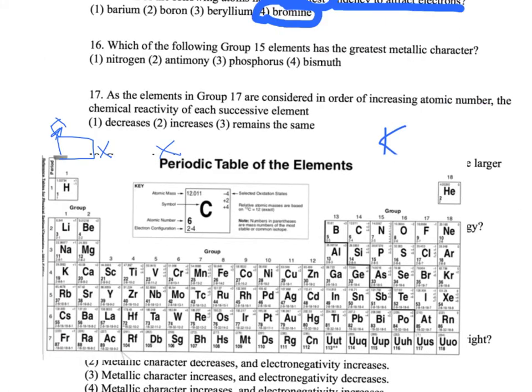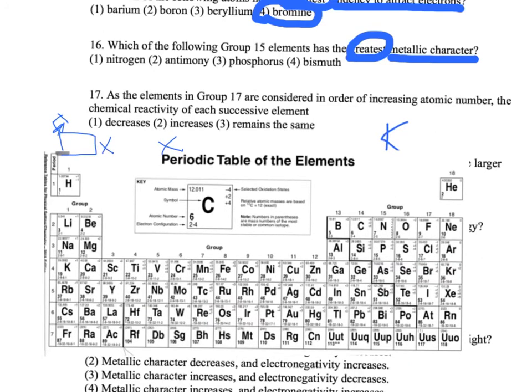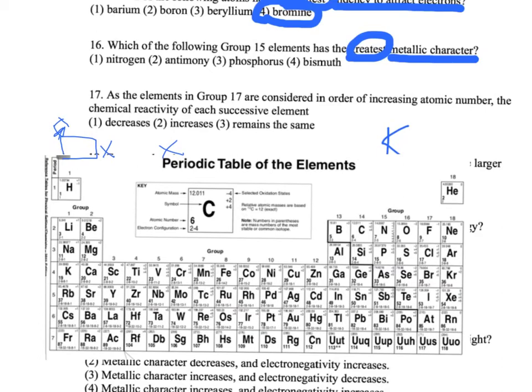In question number 16, what we're looking for is the greatest metallic character. Recall again that the staircase separates the metals from the nonmetals. Now when we look at our choices here, we have nitrogen, antimony, phosphorus, and bismuth.